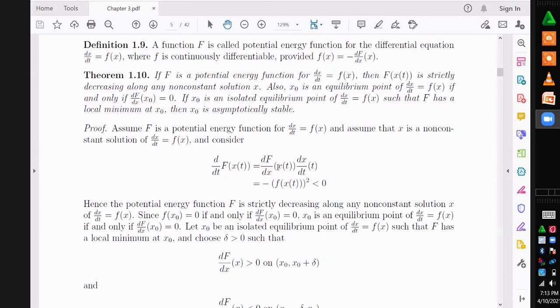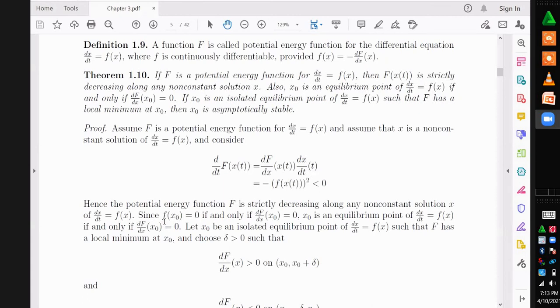Now dF by dx is minus f, and dx by dt is f. So this is minus f of x of t squared, which is less than 0. So you can say the potential energy function is strictly decreasing along any non-constant solution x of dx by dt is f of x.